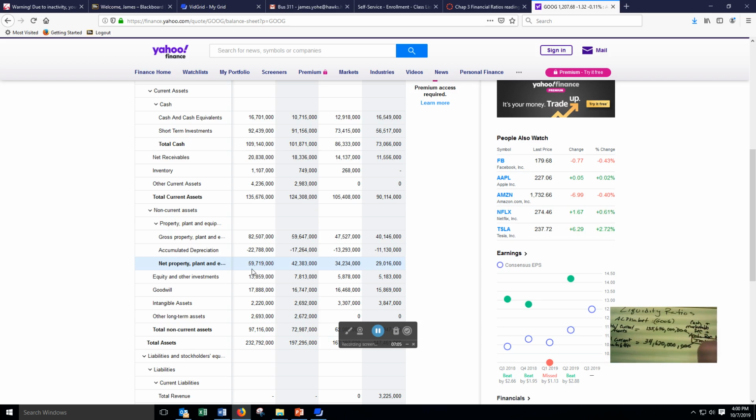I'm going to circle inventory for a second. We'll be getting rid of it later. So there's the information we need so far for the current ratio, and we're also going to need inventory. The total inventory, if you go over here, is $1,107,000,000. Cutting off those 3 zeros just makes our calculations easier. As long as we do it to everything, it doesn't affect the answers we're going to get.